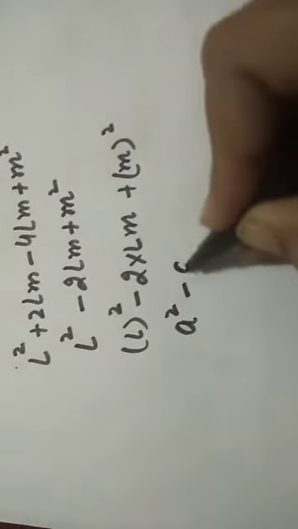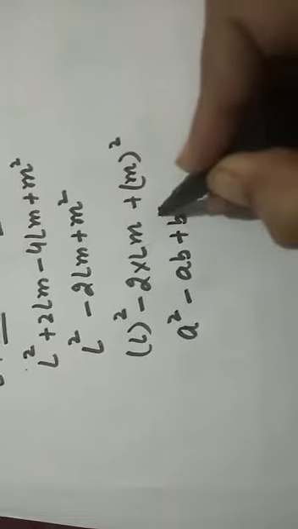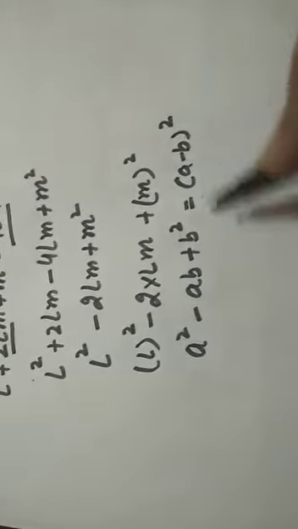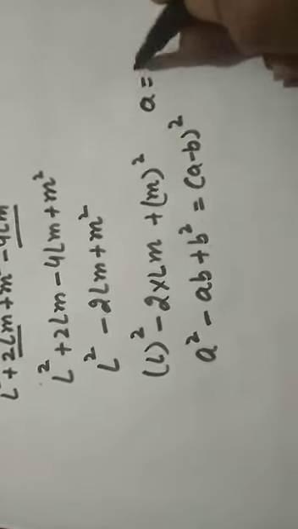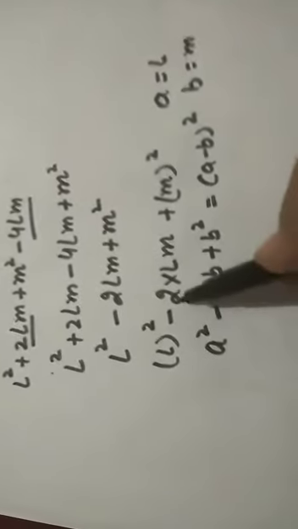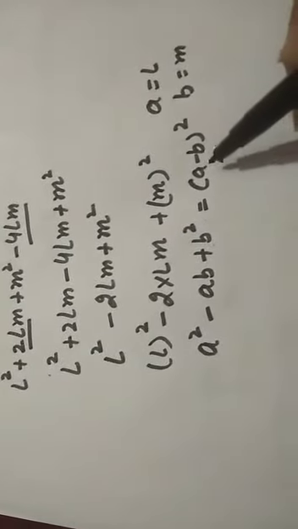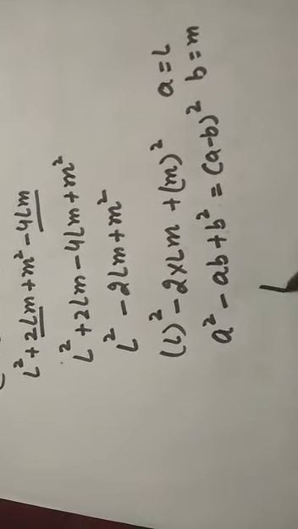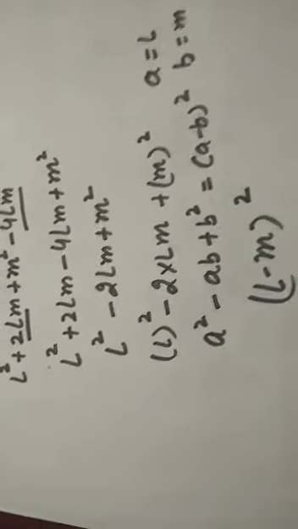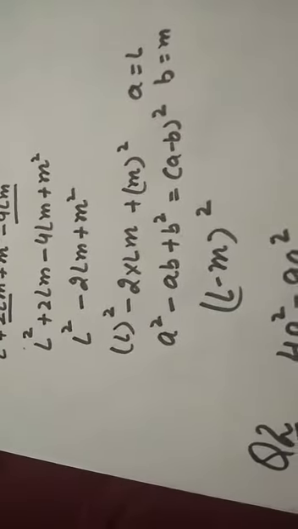Means we'll be using the identity a minus b whole square. So here a is l and b is m, but 2ab is with the minus sign, so the identity a minus b whole square will be applicable. It means l minus m whole square. So you can complete question number 1.